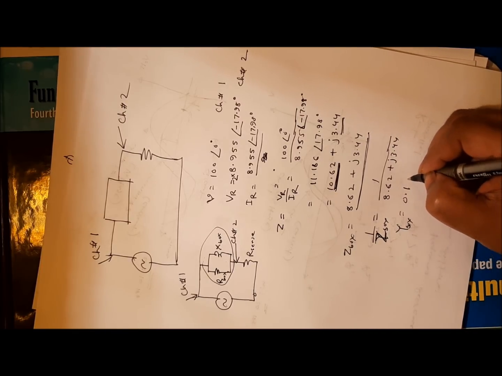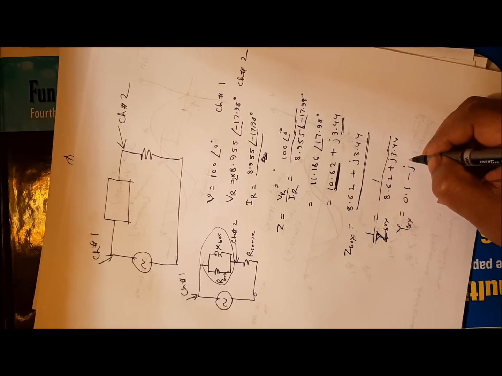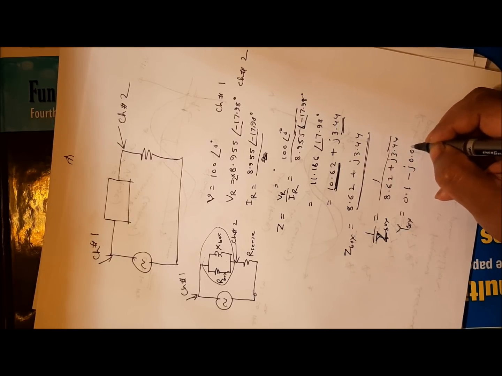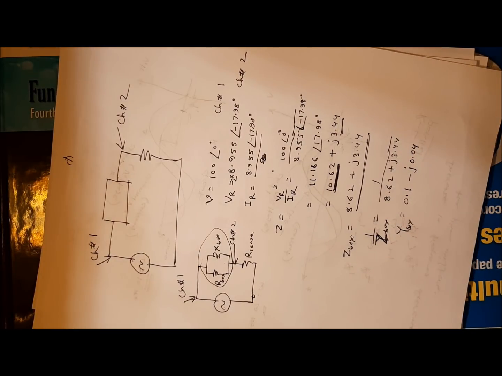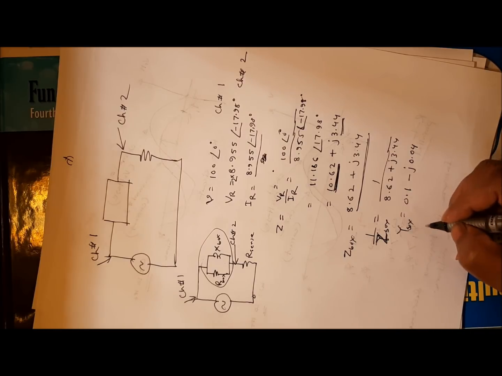So Y box will be 0.1 minus j0.04. I put 8.62 plus 3.44 in brackets and invert.